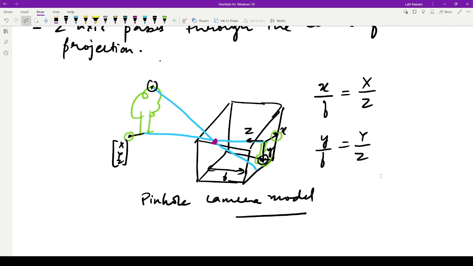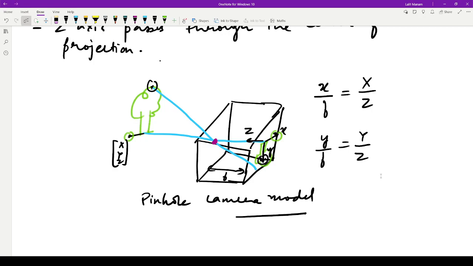If the size is bigger, then everything is in focus. I'll get back to you there as well. What should be the size of the pinhole?